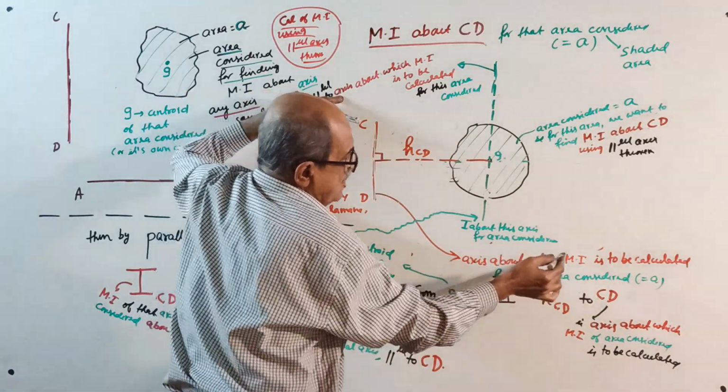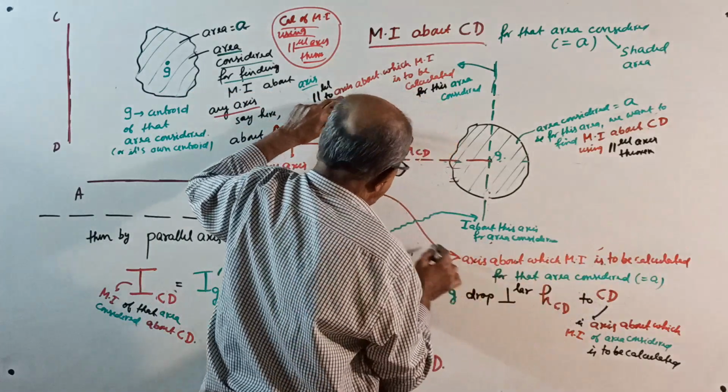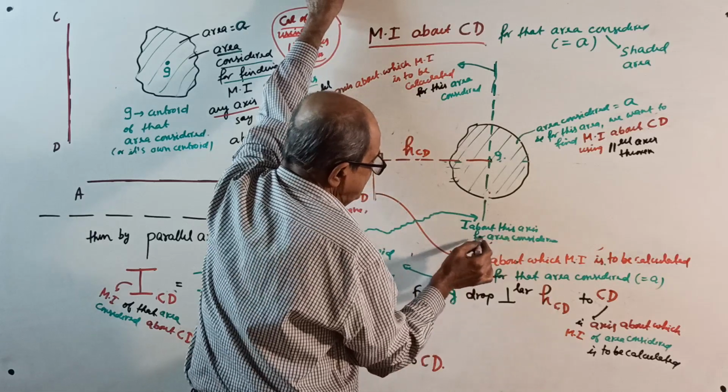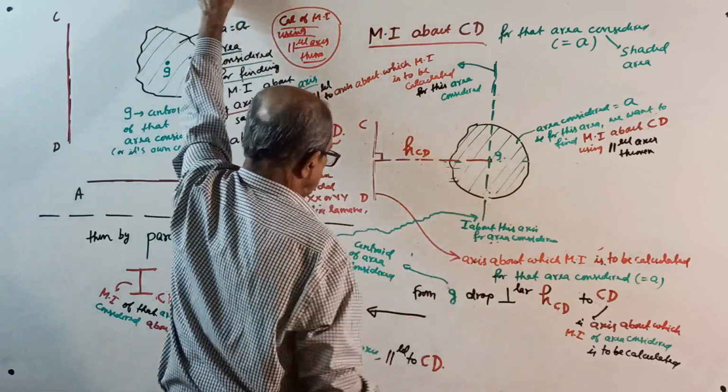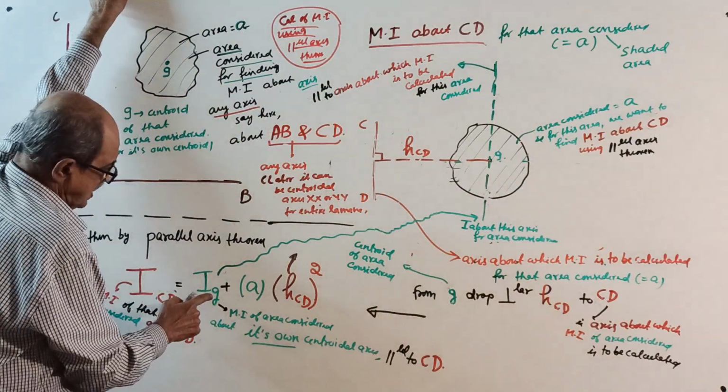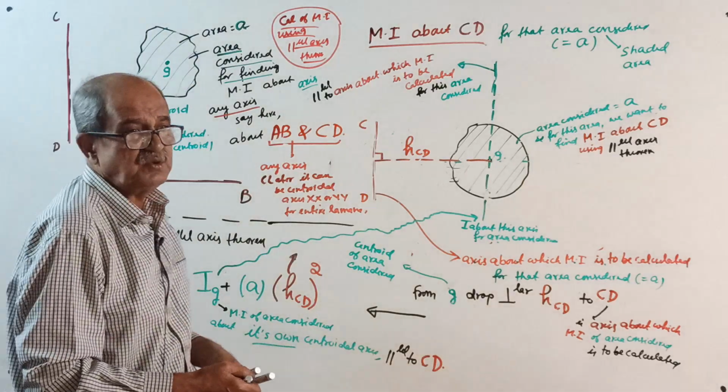This is the axis, the centroidal axis, parallel to the axis about which moment of inertia is to be calculated, that is this one. This is I about this axis for the area considered. So now ICD equals IG plus A HCD square.